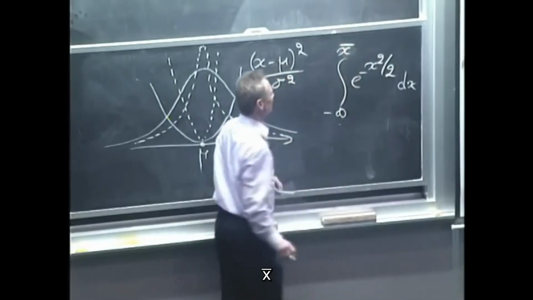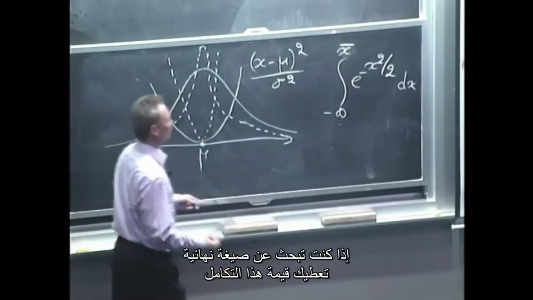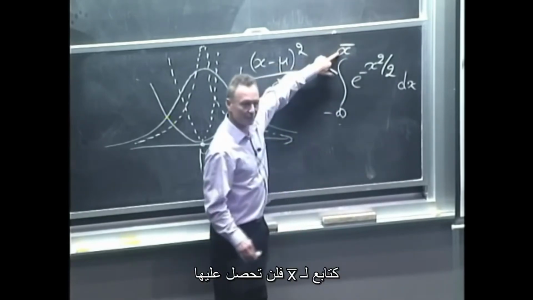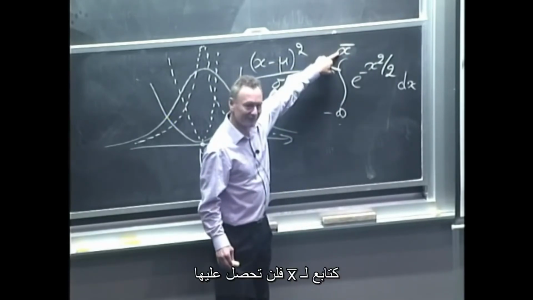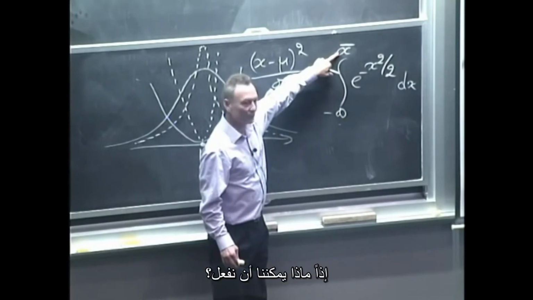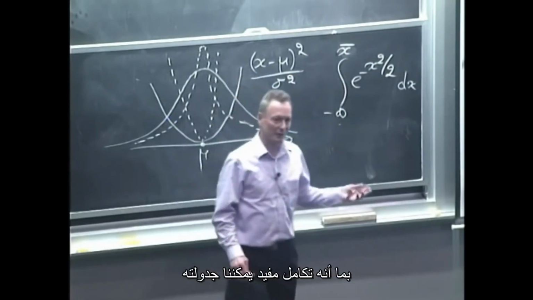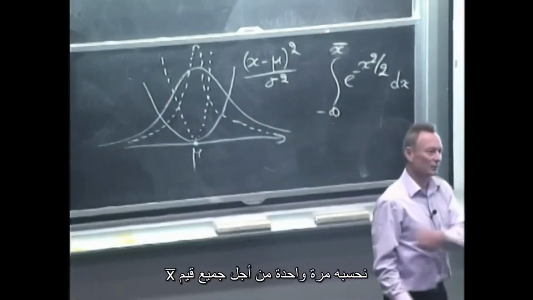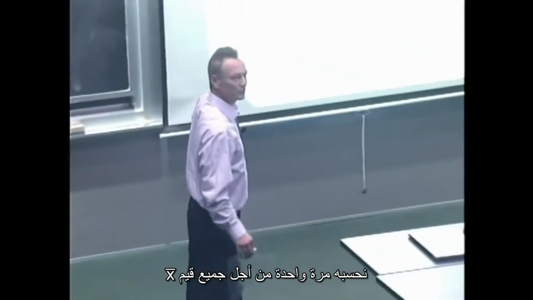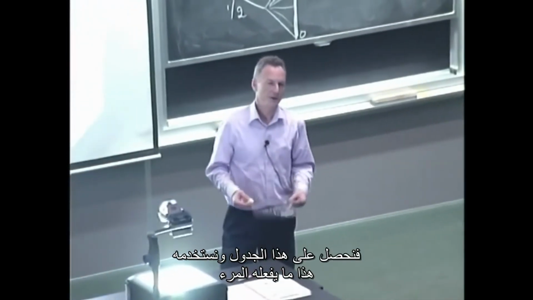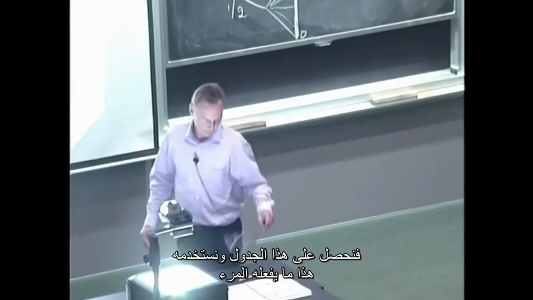If you're looking for a closed form formula that gives you the value of this integral as a function of x bar, you are not going to find it. So what can we do? Well, since it's a useful integral, we can just tabulate it. Calculate it once and for all values of x bar up to some precision, and have that table and use it. That's what one does.